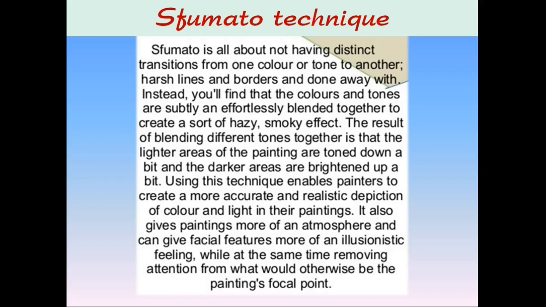Using this technique enables painters to create a more accurate and realistic depiction of color and light in their paintings. It also gives paintings more atmosphere and can give facial features more of an illusionistic feeling, while at the same time removing attention from what would otherwise be the painting's focal point.